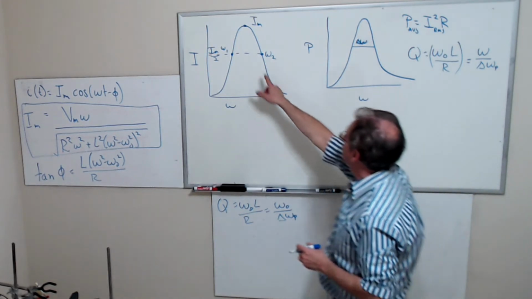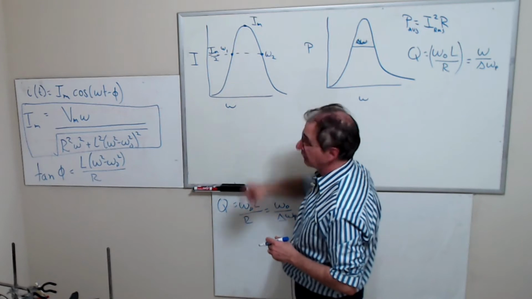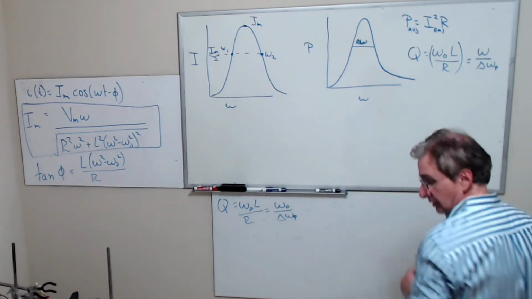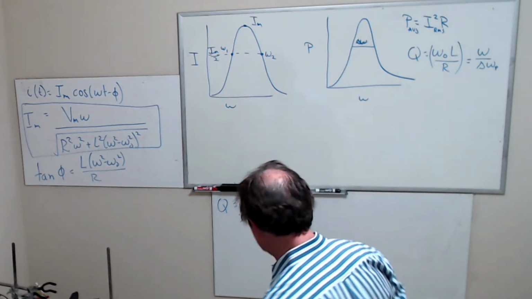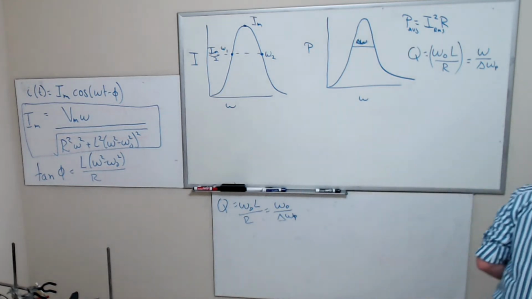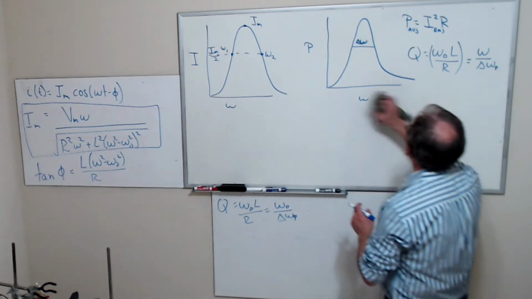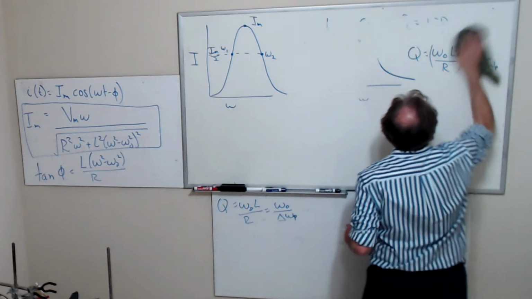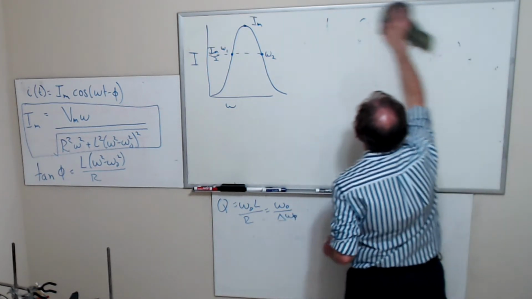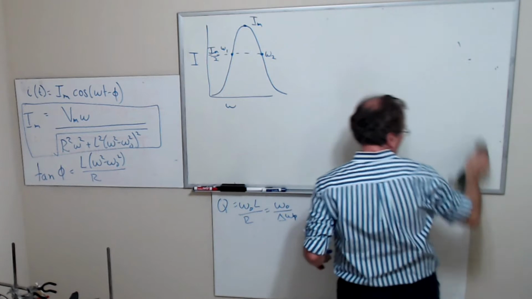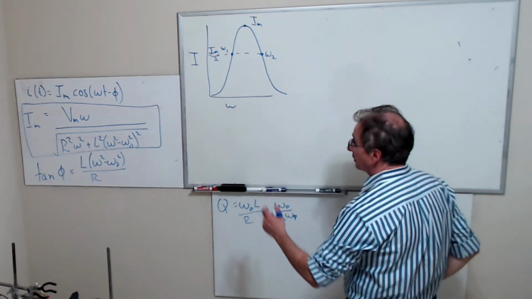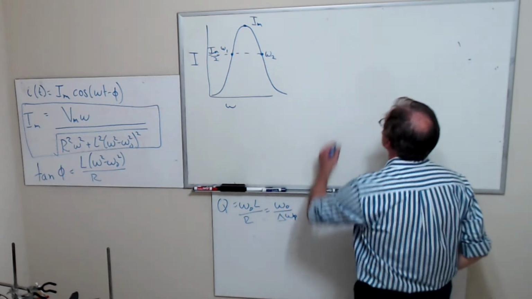I want to find the two frequencies at which I get half the maximum. Okay, so let's go ahead and do that. I need to erase my board. When is the current maximized? It's maximized at the resonance frequency.